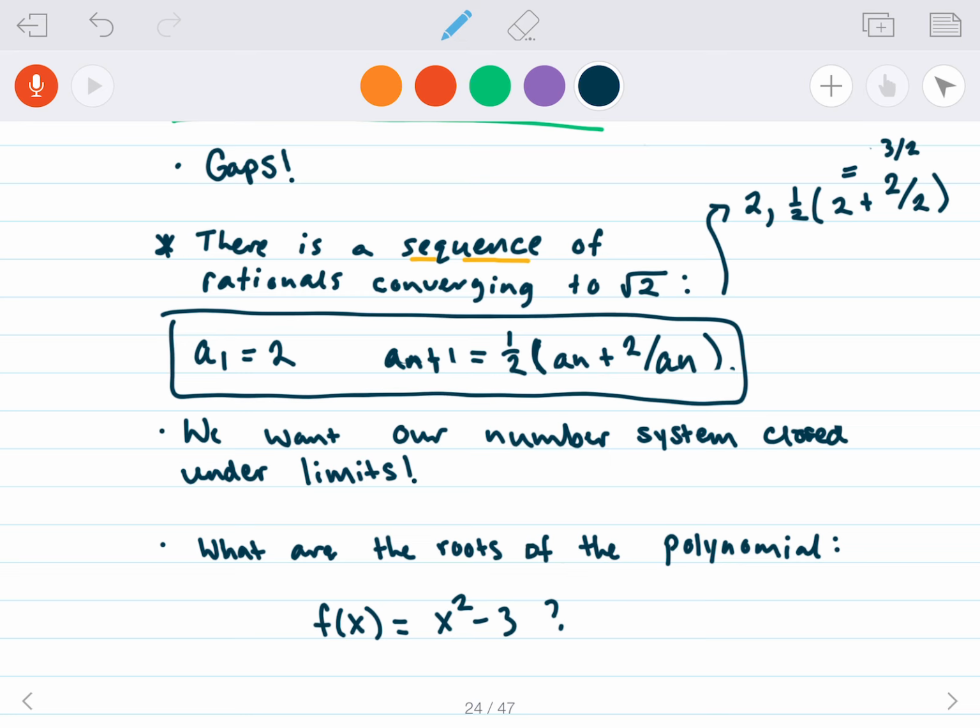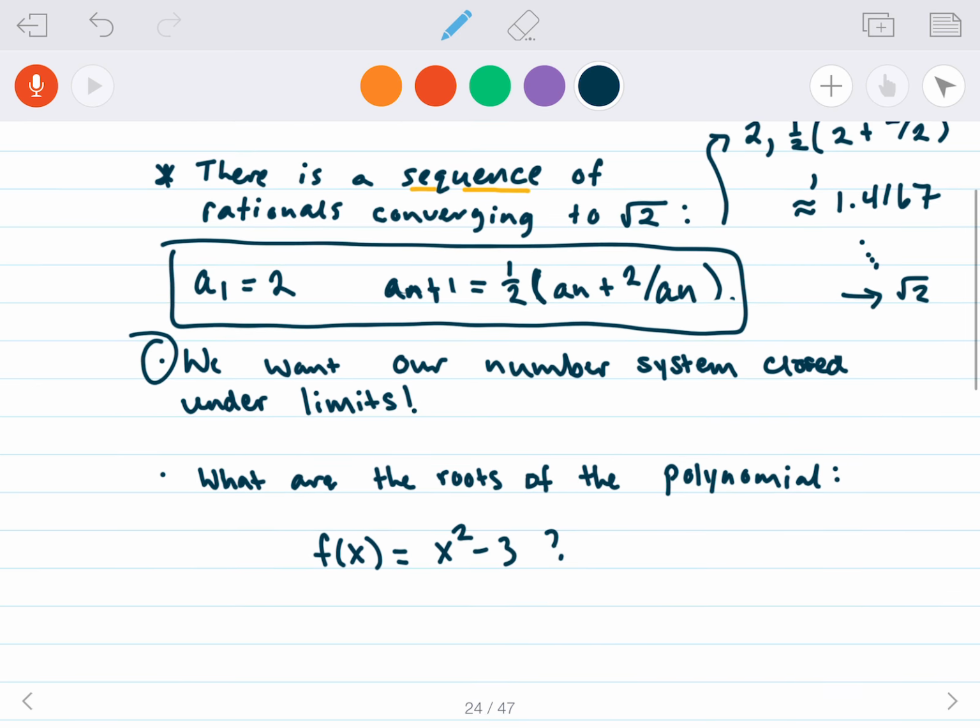The next one is approximately, well, equal to 1.4167, and so forth. And this is eventually going to converge to the square root of 2. So everything in our sequence is rational, but we're converging to an irrational. That's an issue. So we want our number system closed under limits when we are looking for limits of sequences.